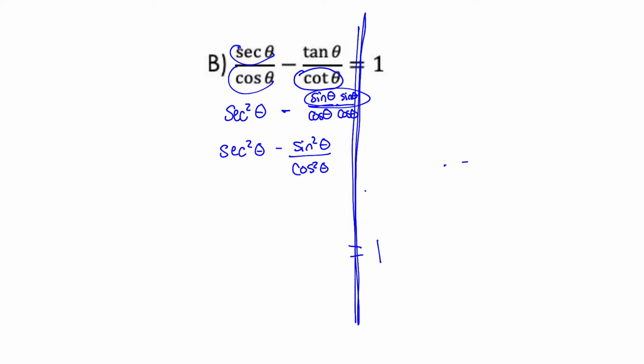So let's see where we can go from here. Well, I have a secant, and there's a Pythagorean identity that has secant squared and tangent squared together. Look at this. Sine over cosine is tangent, so sine squared over cosine squared is tangent squared. So let's go ahead and change that.